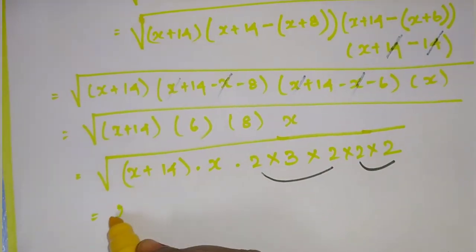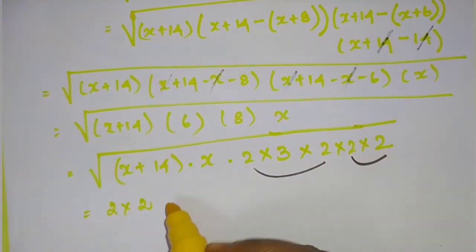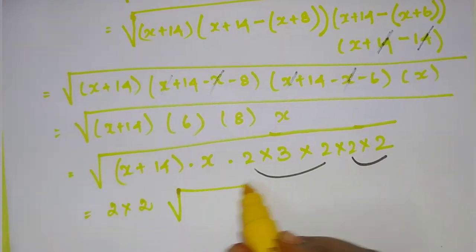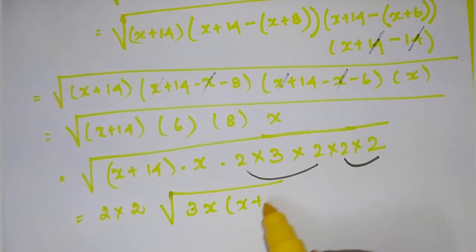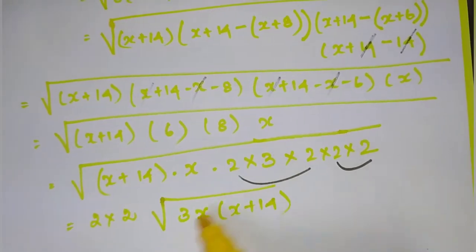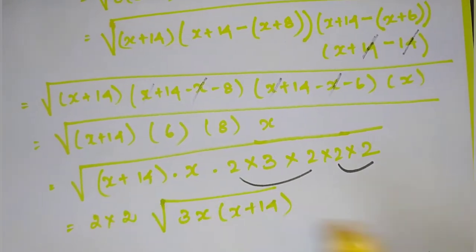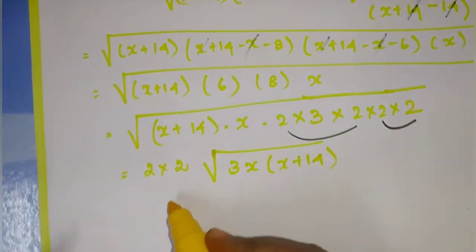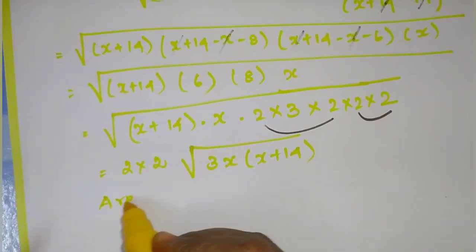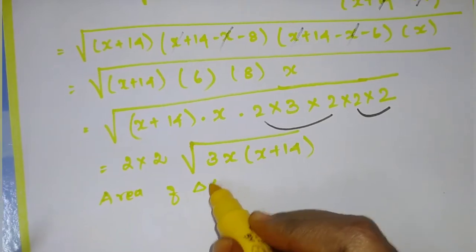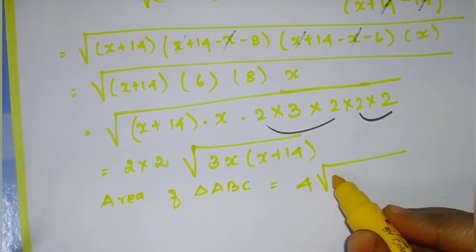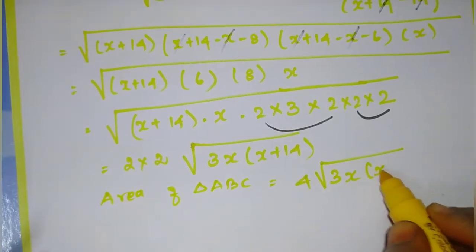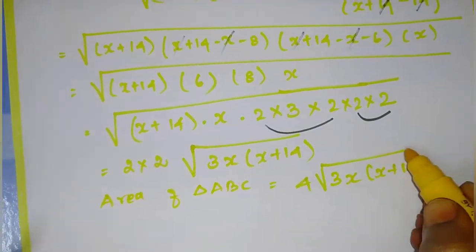So 2 into 2 root 3 x plus 14, remaining 3 x plus 14. So the area of a triangle ABC is equal to 4 root 3x into x plus 14.